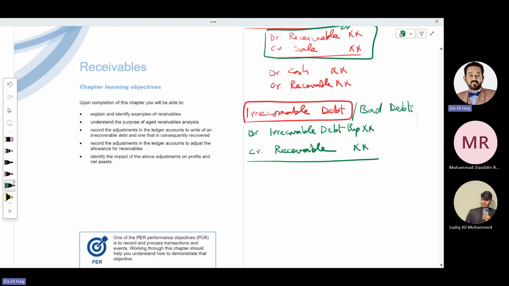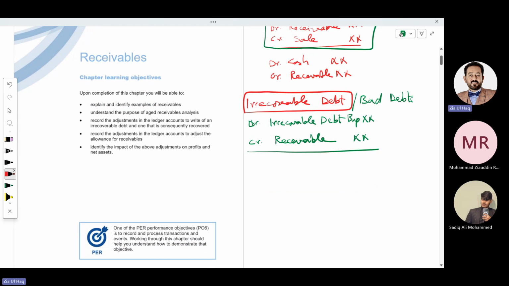There's one more thing that is called allowance for receivables, allowance for irrecoverable debt. What does that mean?